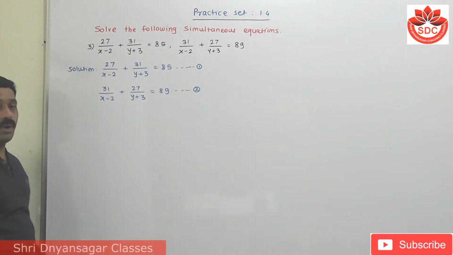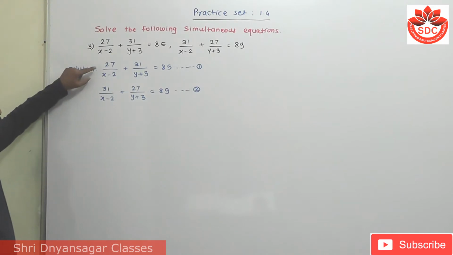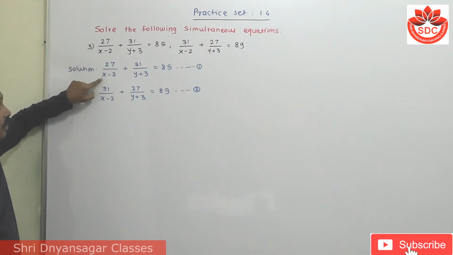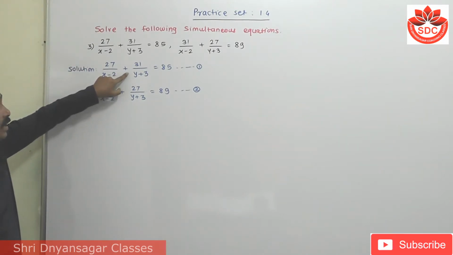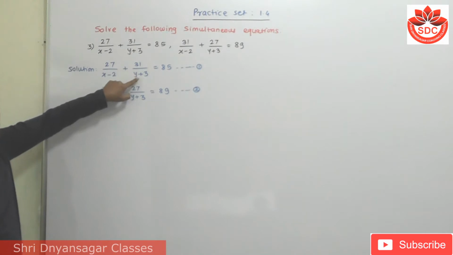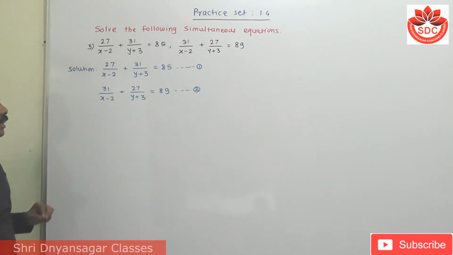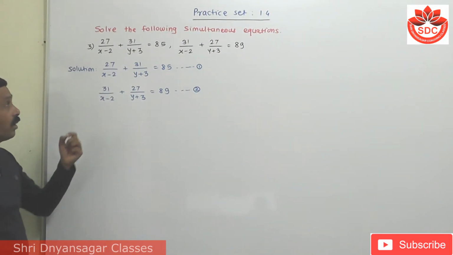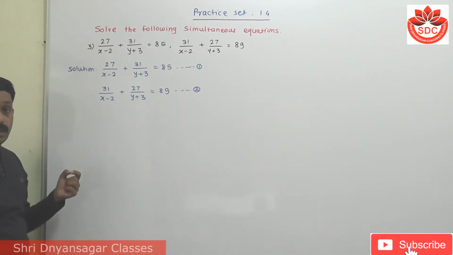Now student, when we observe here, the numerator is 27 and the denominator is x minus 2. We write this as 27 into 1 upon x minus 2, and similarly 31 into 1 upon y plus 3. It means you have to substitute the values of 1 upon x minus 2 and 1 upon y plus 3.